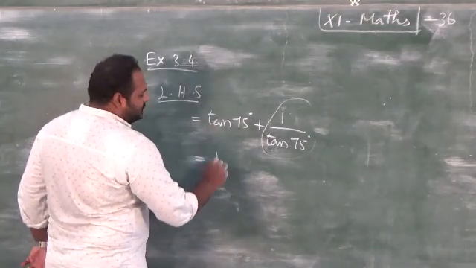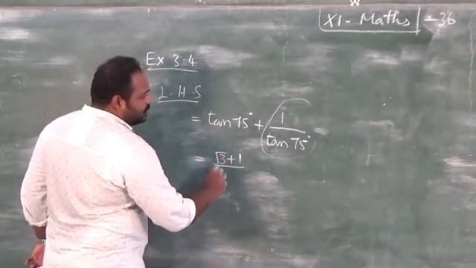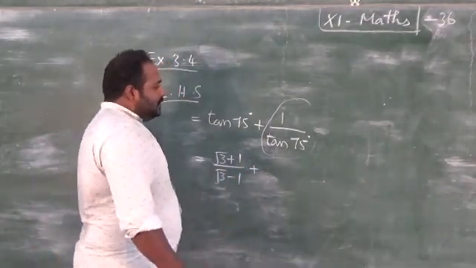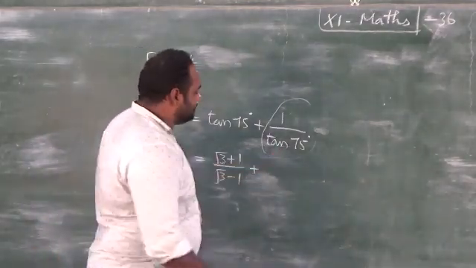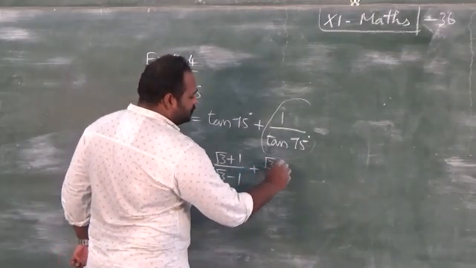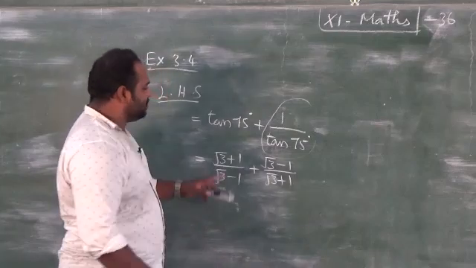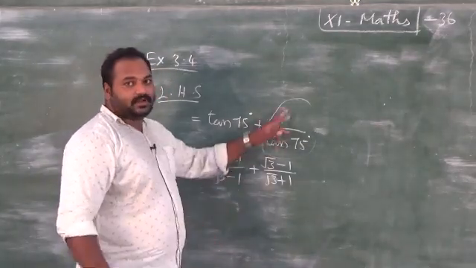Tan 75 value is root 3 plus 1 by root 3 minus 1, plus the reciprocal of tan 75, which is root 3 minus 1 by root 3 plus 1. Just taking the reciprocal, because it is 1 by tan 75.